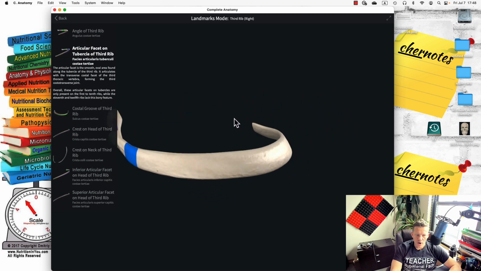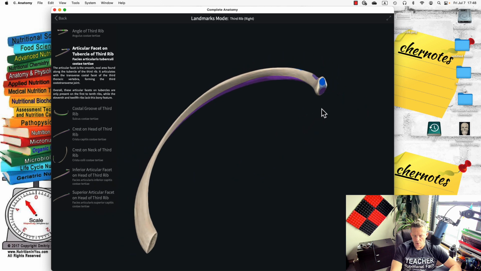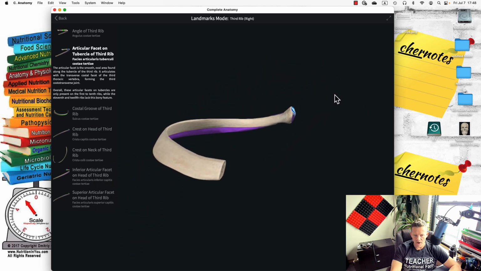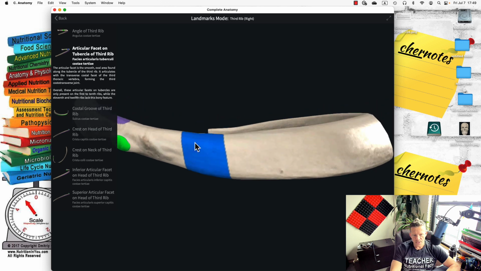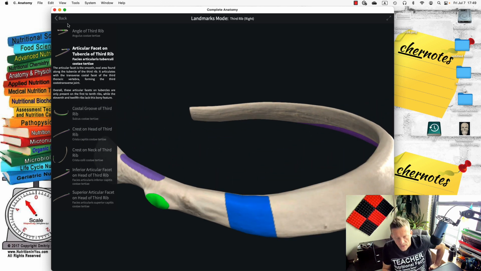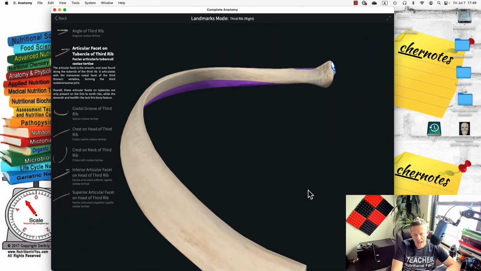When you're holding a rib in your hand and you want to identify whether it's a left rib or a right rib, you have to look at these projections, something sticking out right here and pointing down. If it points down and arches this way, it most likely is from the right side of the body.